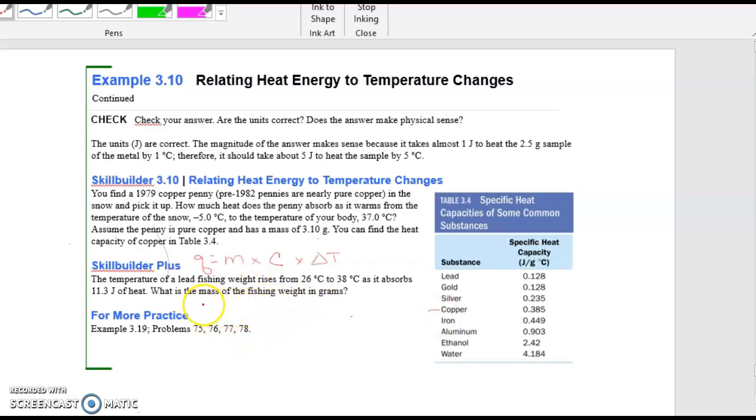Well, we know that we don't know heat. Okay, so that's our question mark. All right, we know our mass. That is 3.10 grams.